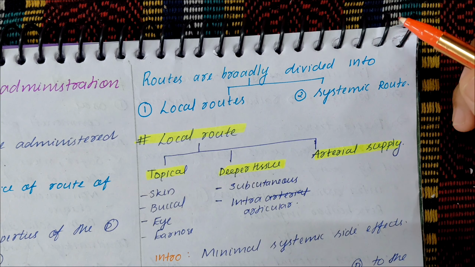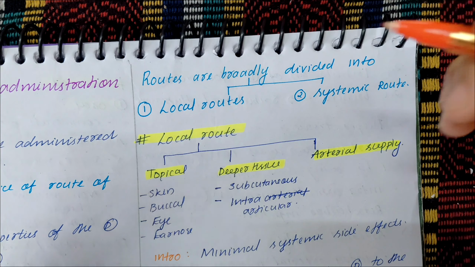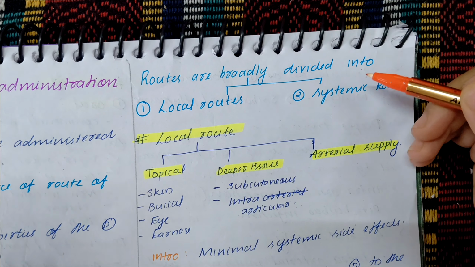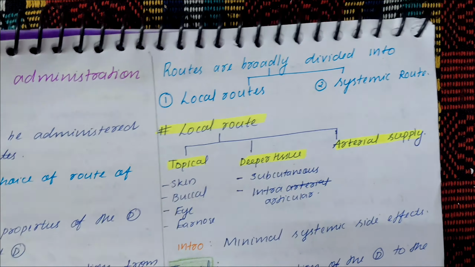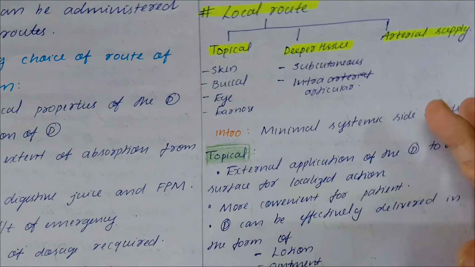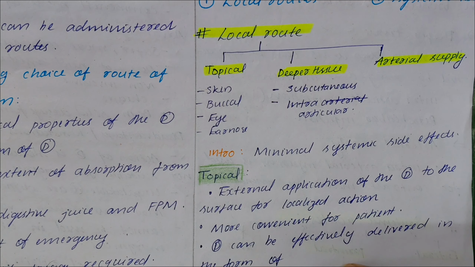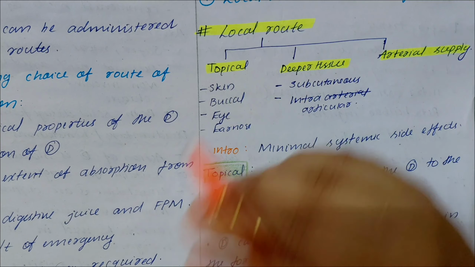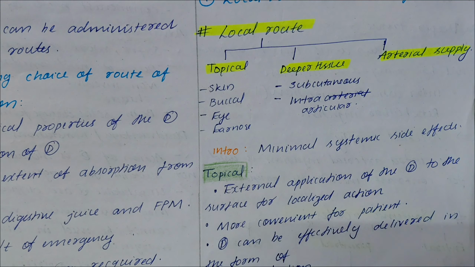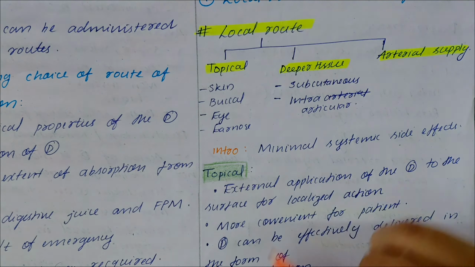It is broadly divided into two parts: local route and systemic route. Now we will discuss each one of them in detail. Local route consists of topical administration, deeper tissue and arterial supply type of administration. In topical, skin, buccal mucosa, eye, ear, nose, everything comes under topical application.